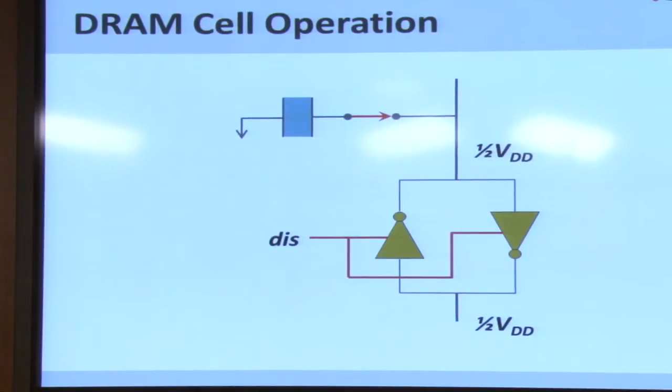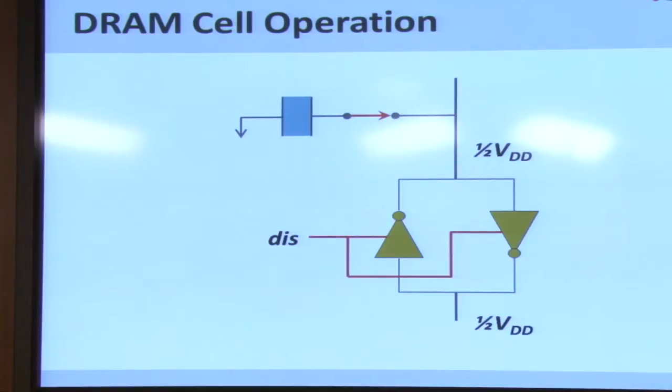So what do you think will happen in this state? The cell is fully charged. What's going to happen? So what is the voltage level on the capacitor right now? It's fully charged, so at what voltage level is it?